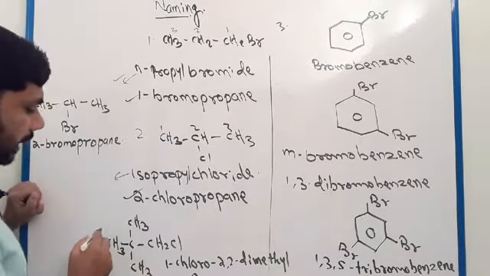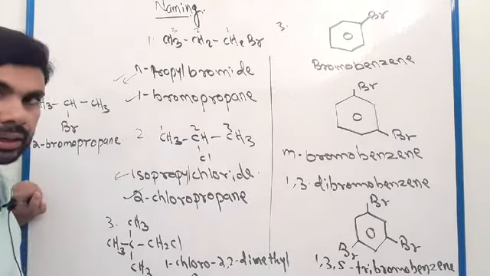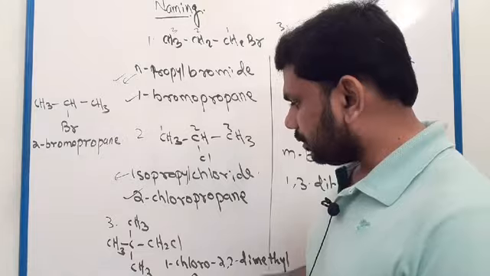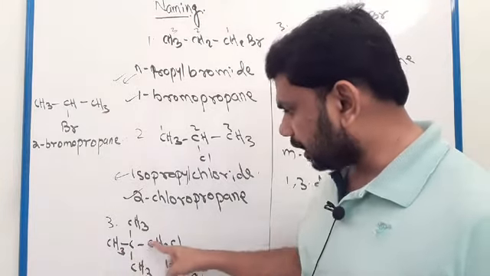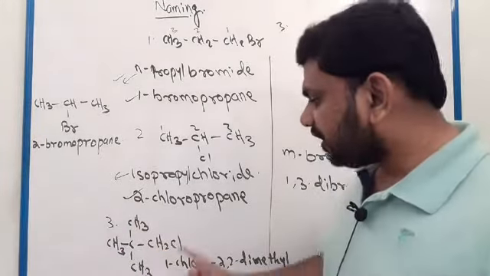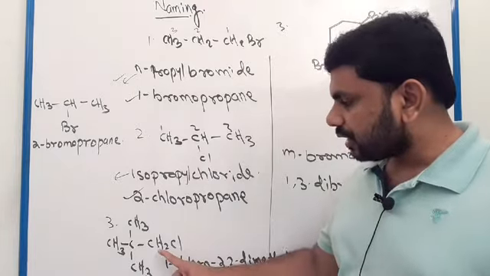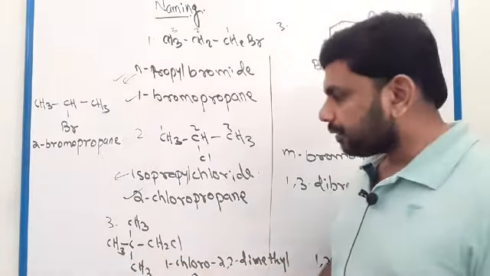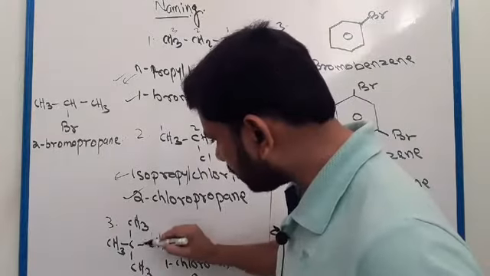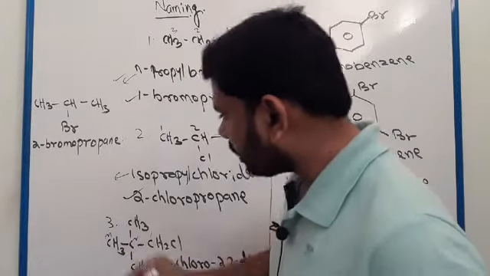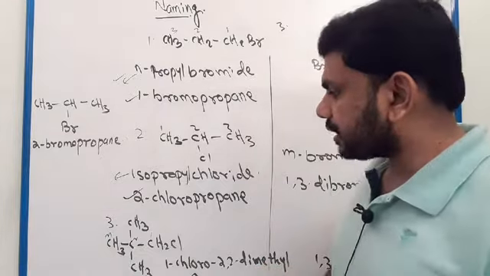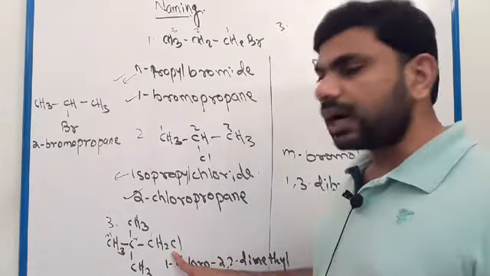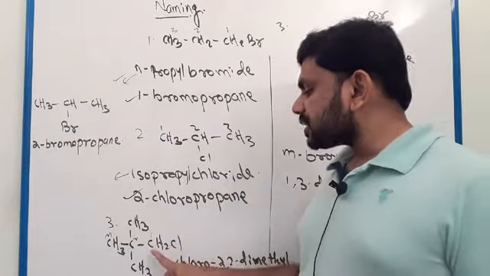Here, look, the third example. In this example, see here 1 2 3, 3 carbons and here 2 branches. We have to give the number from this direction: first carbon, second carbon, third carbon. We have to number like that because on this carbon there is the chlorine functional group, so this is the first carbon.